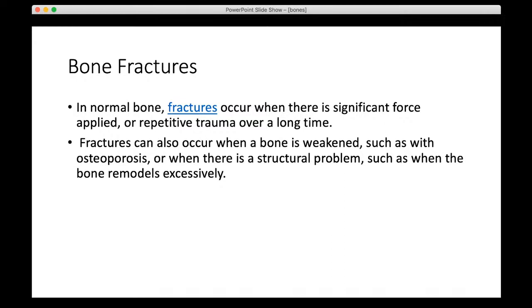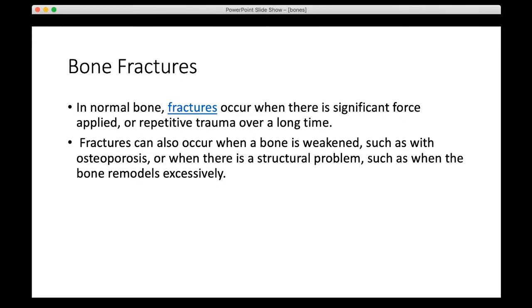In the next slide, I have given you some idea about the fractures in short, which we have discussed till now. So what are bone fractures? In normal bone, fracture occurs when there is significant force applied or repetitive trauma for a longer time.